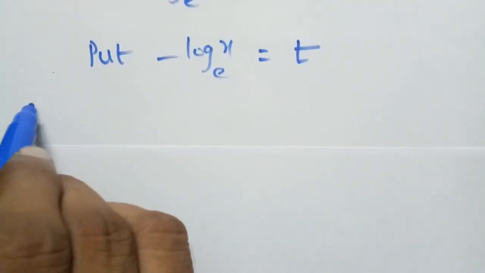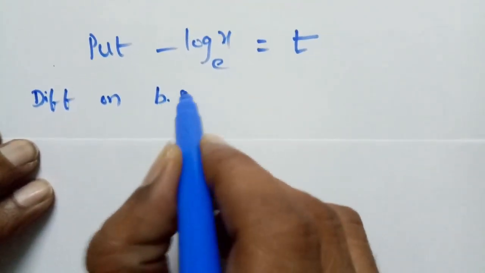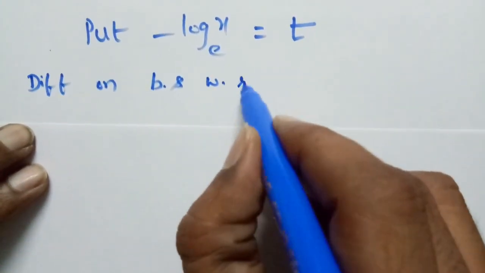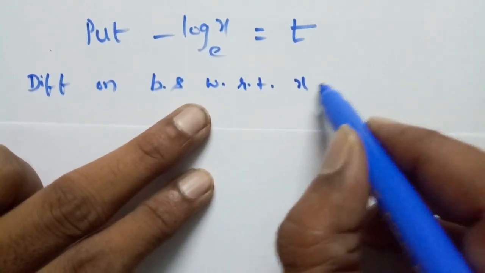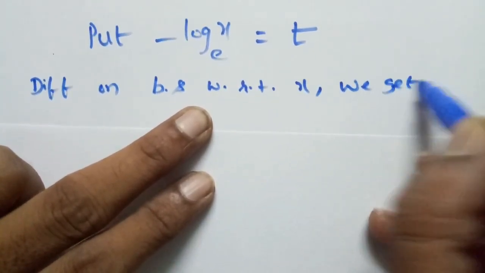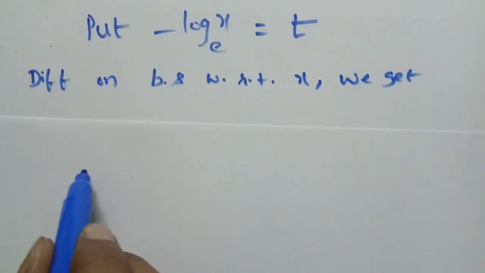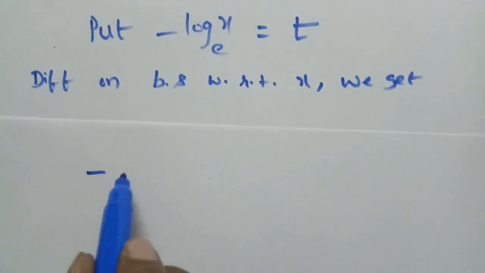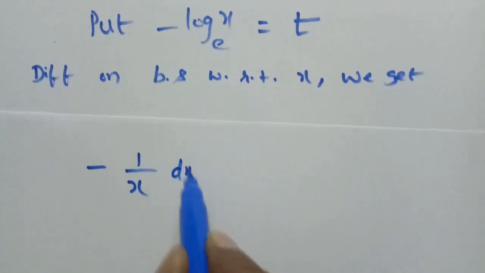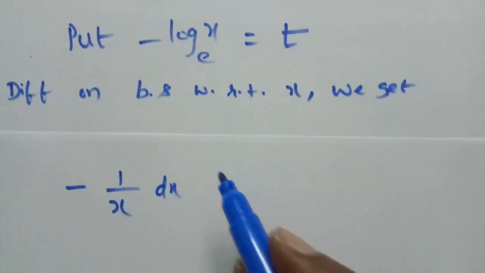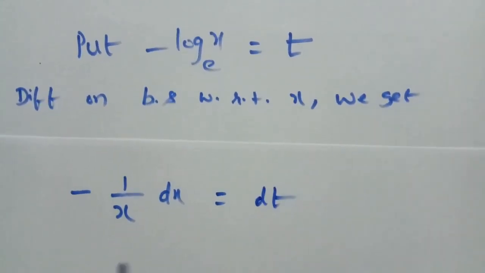Now differentiating on both sides with respect to x, we get minus one by x into dx is equal to dt.